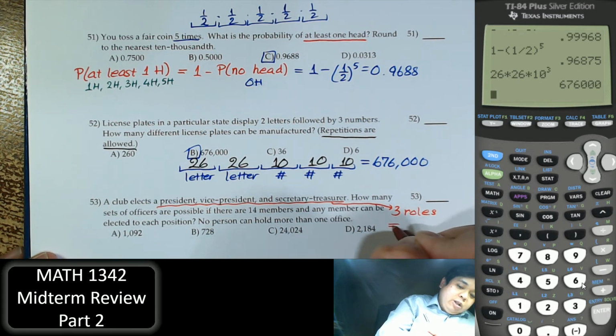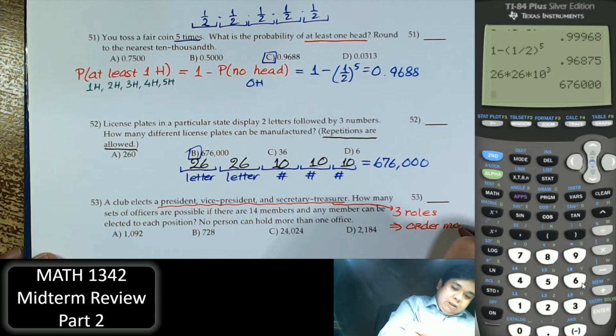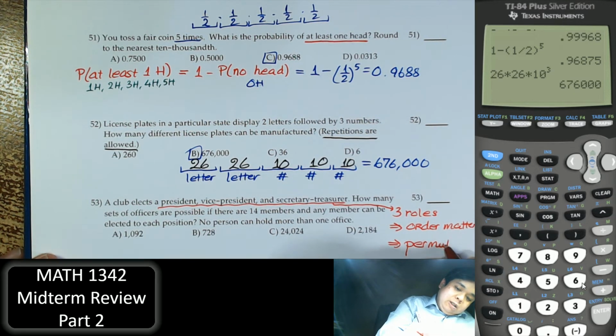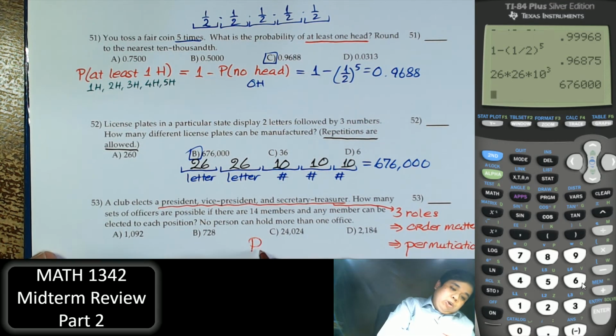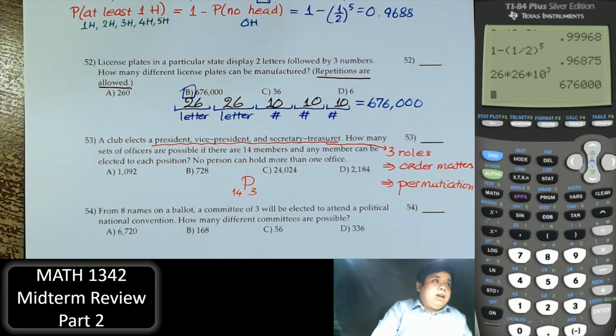Three different roles, so order matters. If order matters, this is a permutation. So in particular, we're going to choose 3 people out of 14 to get some position.